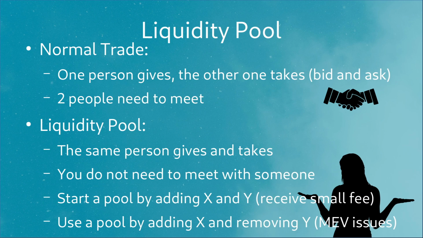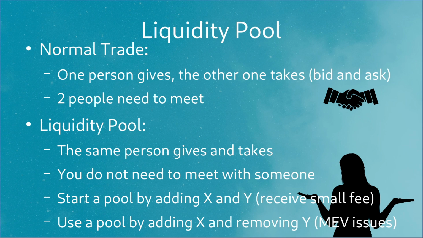What is a liquidity pool? Well, to trade normally, a seller and a buyer meet and they agree on a price. But you had a problem on the blockchain of Ethereum that people didn't know where to meet.